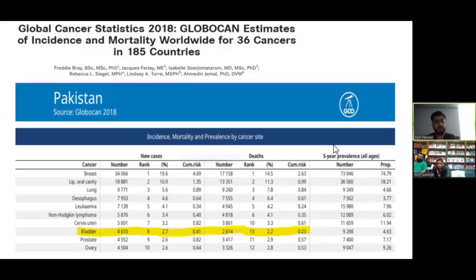It is even more common than prostate cancer. Around 4,610 cases were reported. It ranks at number 10. The mortality is 2,614, and it is quite a prevalent disease, more so than prostate cancer. Reasons could be variable because we don't really register our patients. So this is not the perfect representation, but this is what we have.